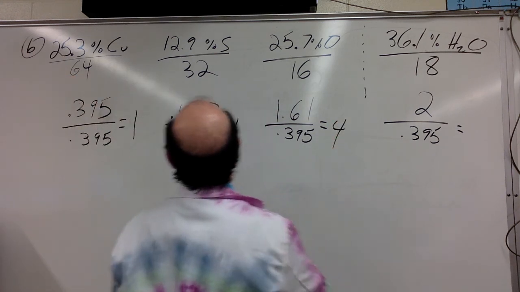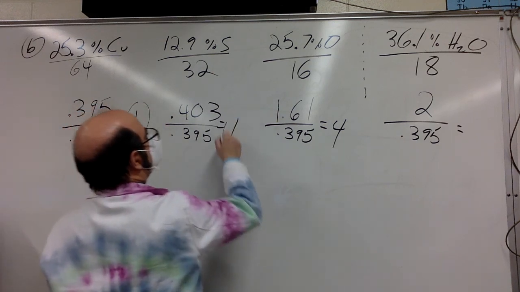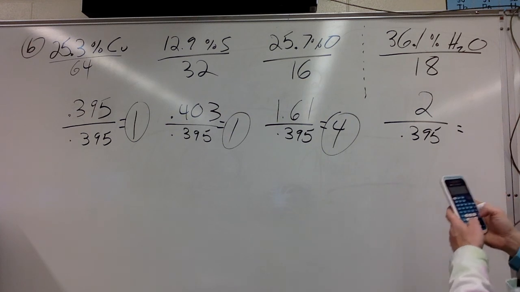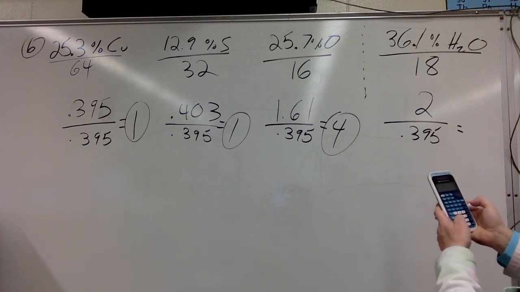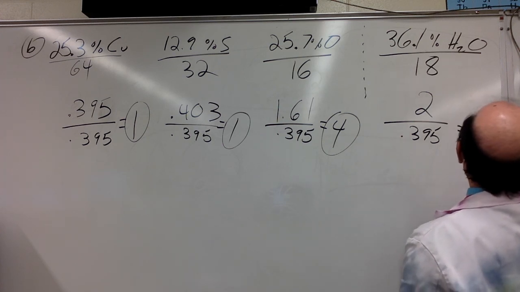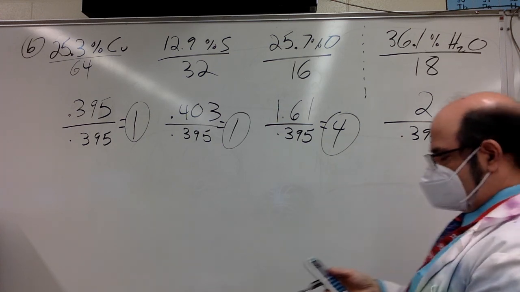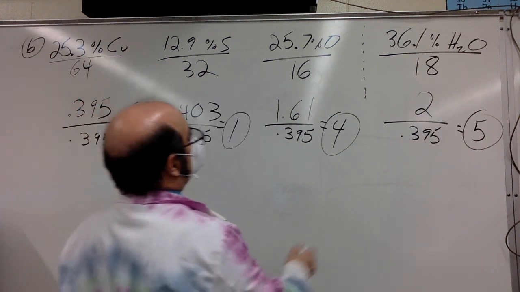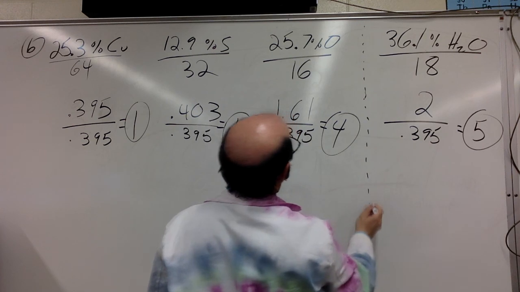Nice whole number. So we have 1, 1, 4. I hope this one's a nice whole number. That would be really nice. 2 divided by 0.395 gives us 5. Another whole number. Okay, so good. We have nice whole numbers. How convenient.